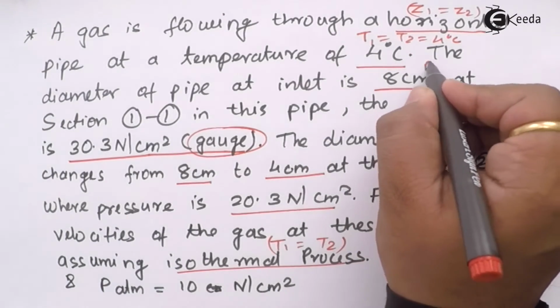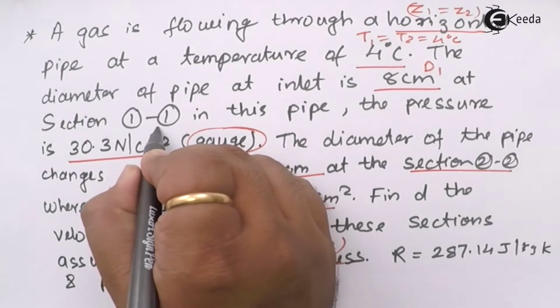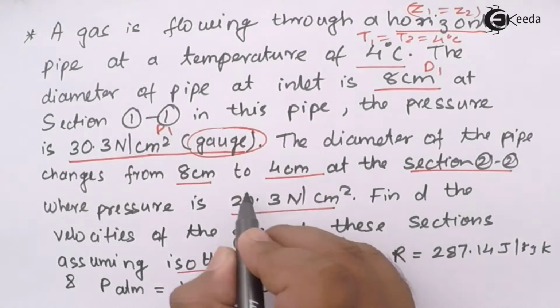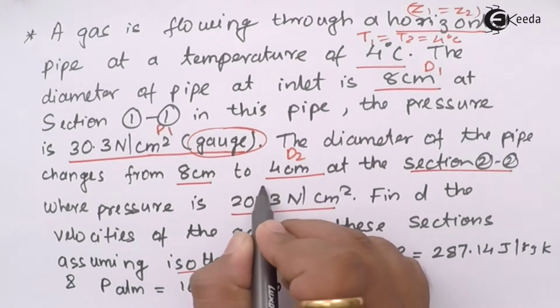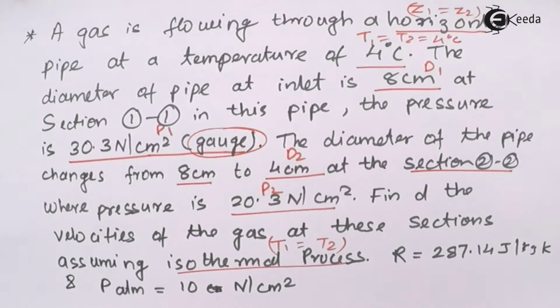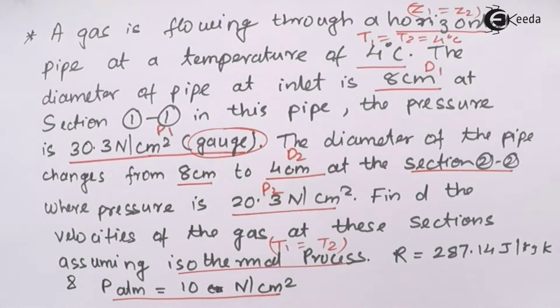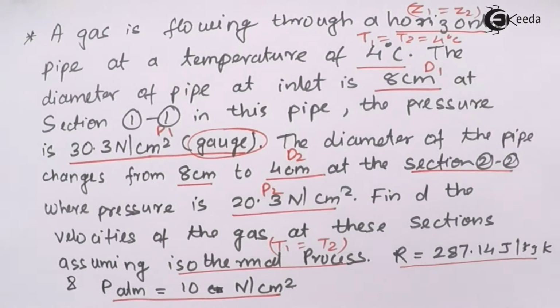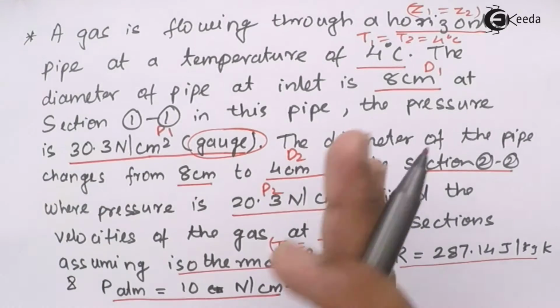Next, diameter D1 and pressure P1 are given to us, then diameter D2 and pressure P2, and the atmospheric pressure is 10 Newton per centimeter square, and the universal gas constant value is given to us. So using all this data, we have to calculate the velocity at both sections, section 1 and section 2.